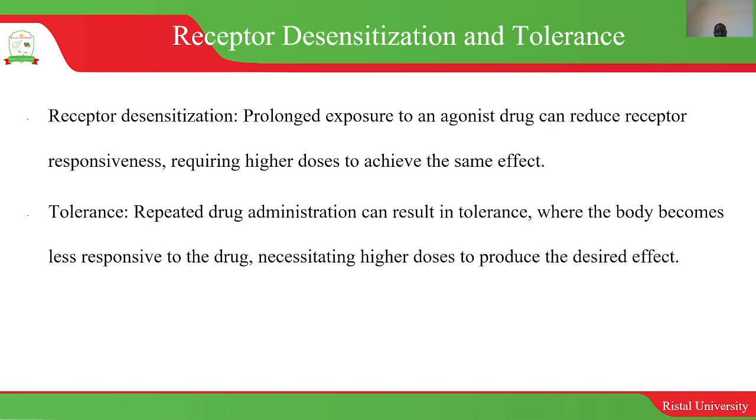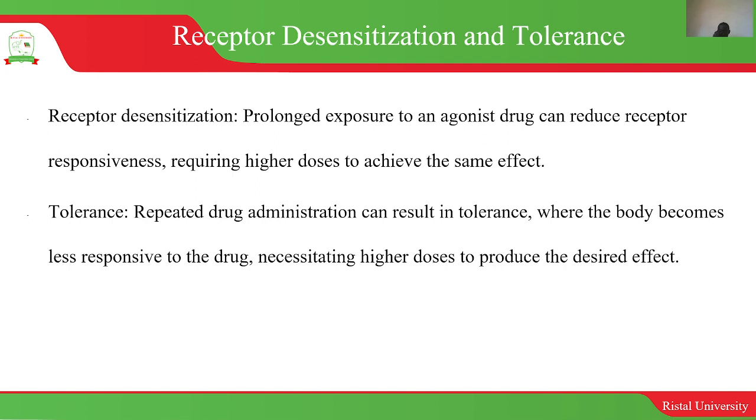Receptor desensitization and tolerance. Receptor desensitization is when prolonged exposure to an agonist drug reduces receptor responsiveness, requiring higher dosages to achieve the same effect. What happens here is that the receptors get desensitized because they become used to the same drug. If this drug has been taken for long, the receptors get desensitized, and this person may not feel more impact of the drug.